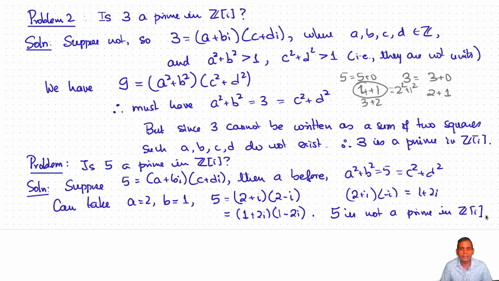And it's a result in number theory that a prime number can be written as a sum of two squares if and only if it is congruent to 1 mod 4. There's a very beautiful discussion of this in Michael Artin's Algebra book. I think you have to look at chapter 11, section 5 of Michael Artin's Algebra book, and you'll find a complete description of which primes in the integers are primes in Gaussian integers, how they decompose, etc.